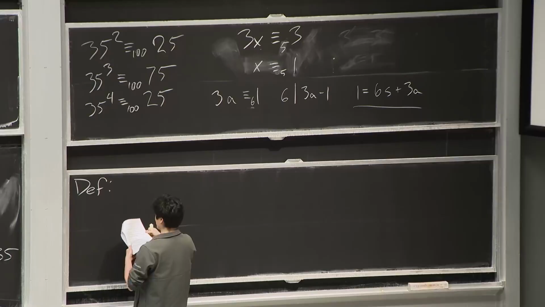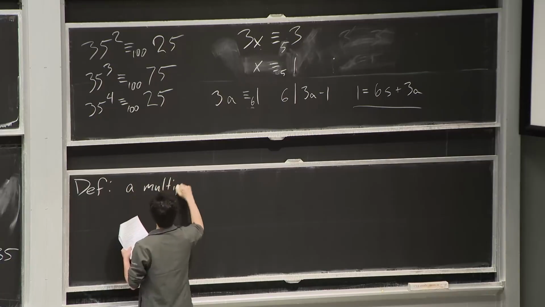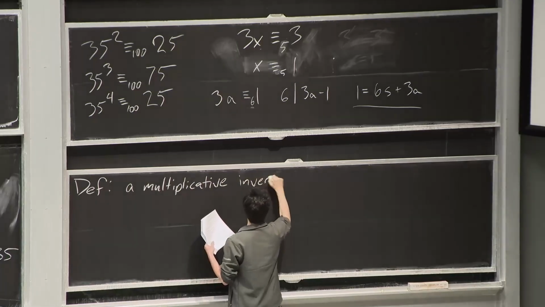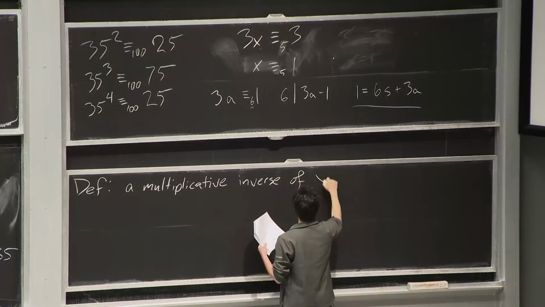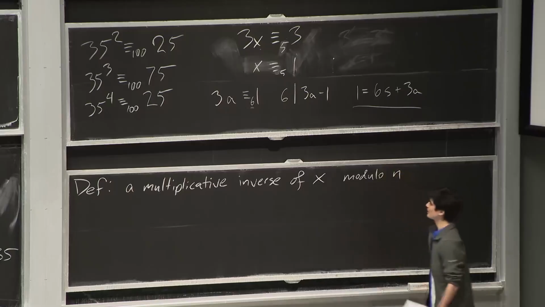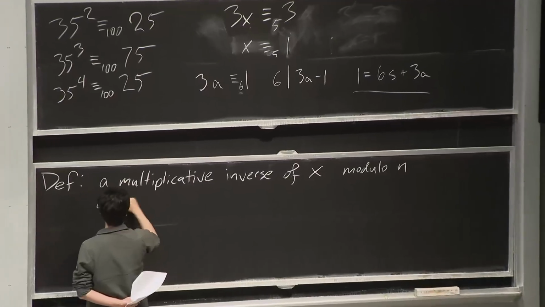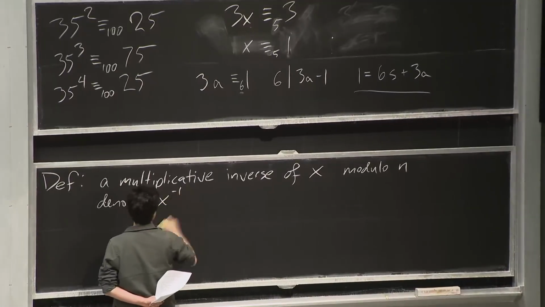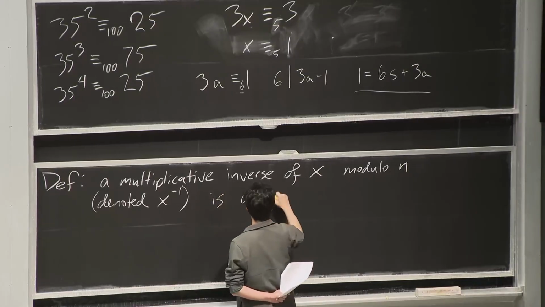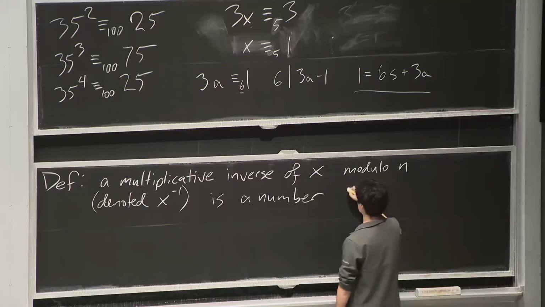We'll say that a multiplicative inverse of x modulo n, which we will denote x to the negative 1, is a number which, as you might expect, satisfies the following congruence.